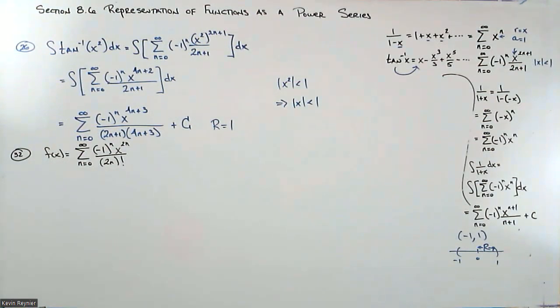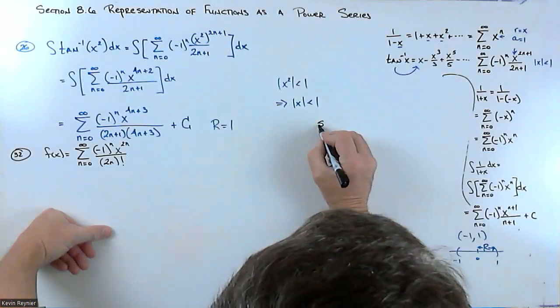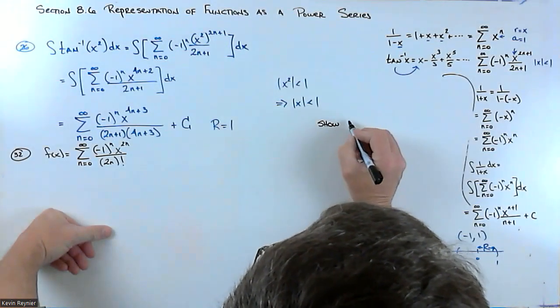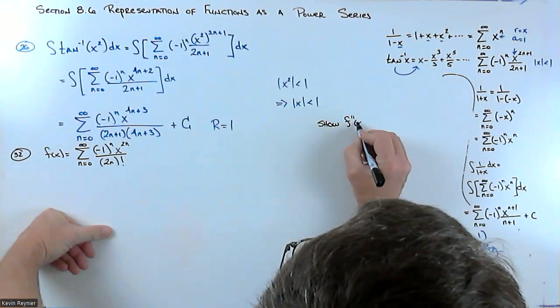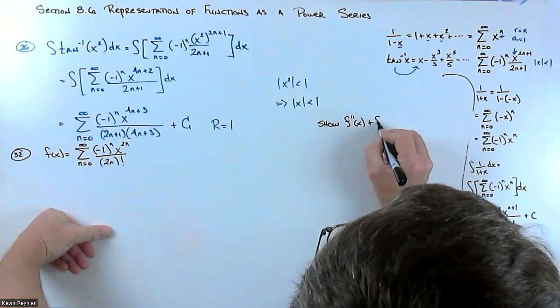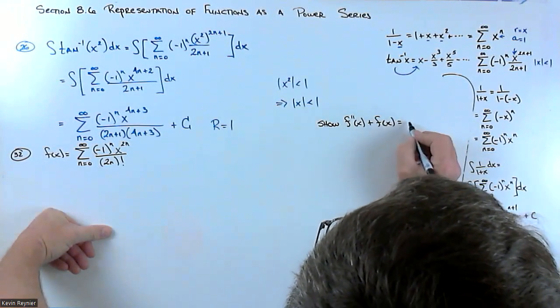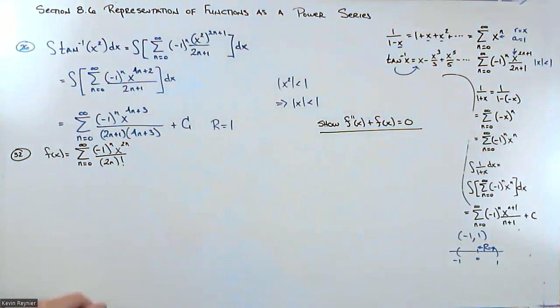Okay, this is the function they give us. And they ask us to show that f double prime of x plus f of x equals 0. If you add the function and its second derivative, you get 0. And that's what they want us to show.